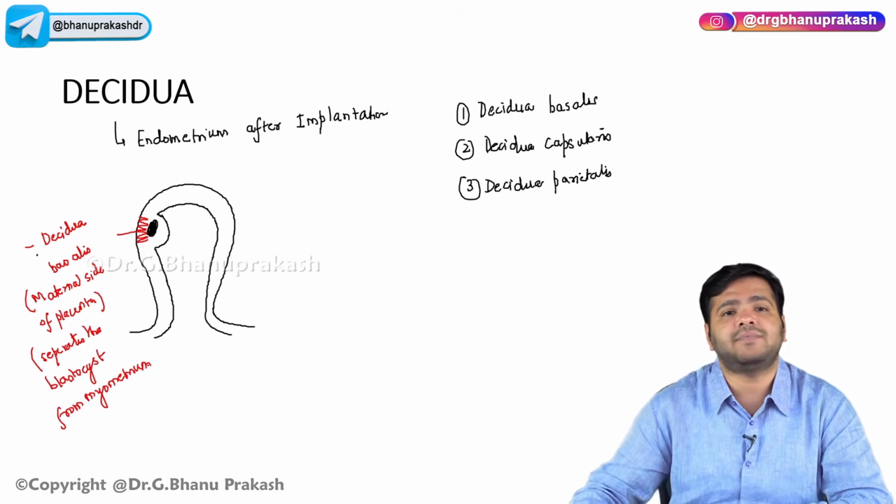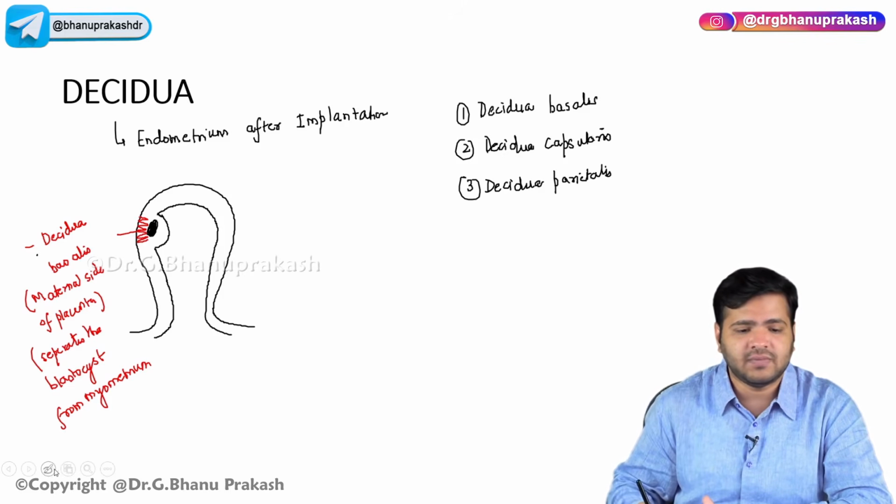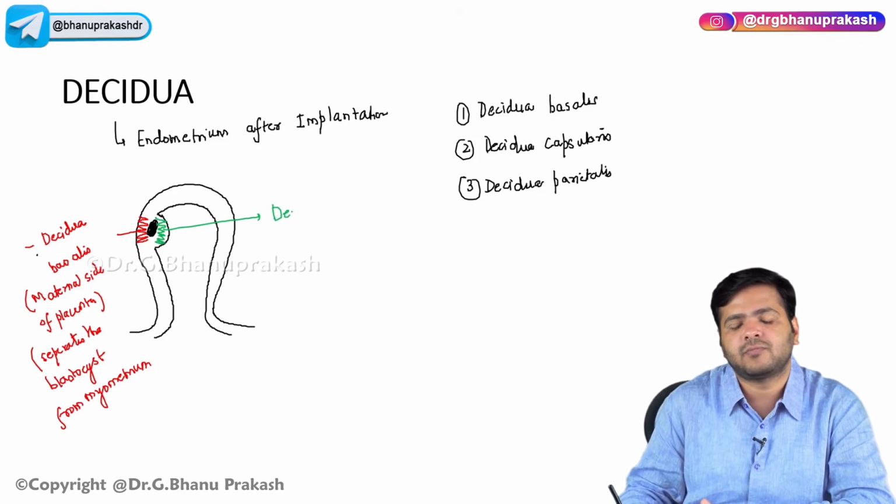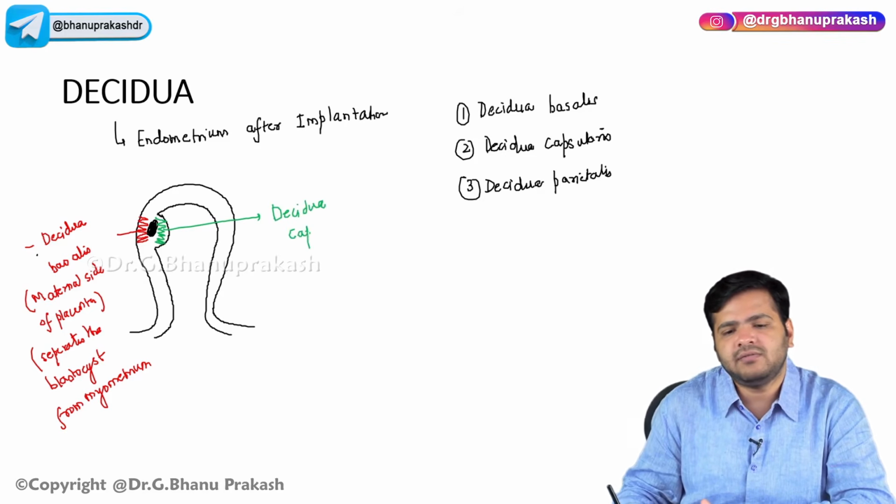Now decidua capsularis is the one which is separating the blastocyst from the uterine cavity. If you can see over here, the one I am highlighting with the green color is called the decidua capsularis.